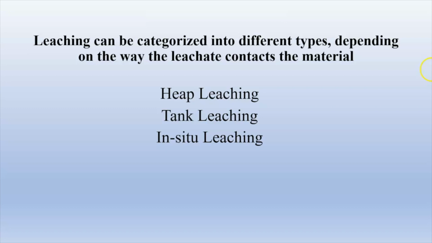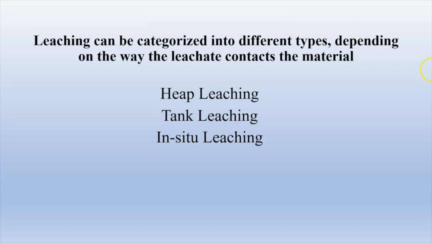Tank leaching involves placing the finely ground ore in a tank and agitating it with a leachate. The constant mixing promotes efficient metal dissolution, and the pregnant leachate solution is collected for subsequent metal recovery.